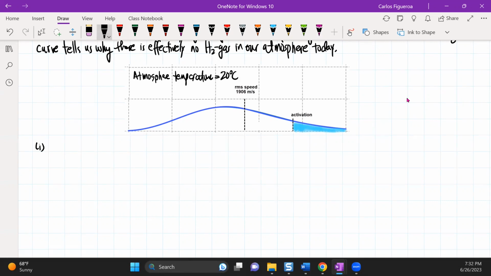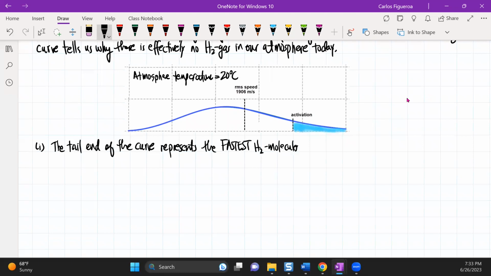For starters here, we could say that the tail end of the curve represents the fastest H2 molecules whose speeds exceed Earth's escape speed.